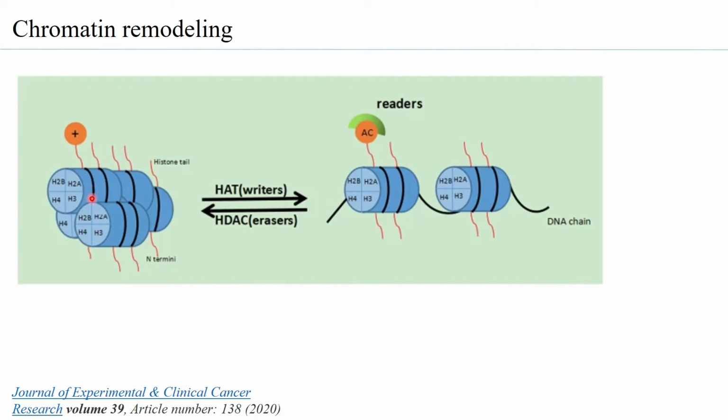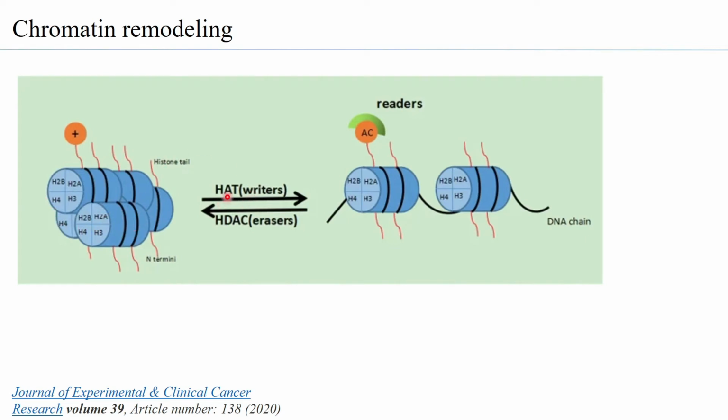So with no acetylation or change in the histone tails, you have the DNA wrapped very closely around the histone octamers, and therefore this is a highly condensed structure. If the structure is highly condensed, we know that transcriptionally it is less active.